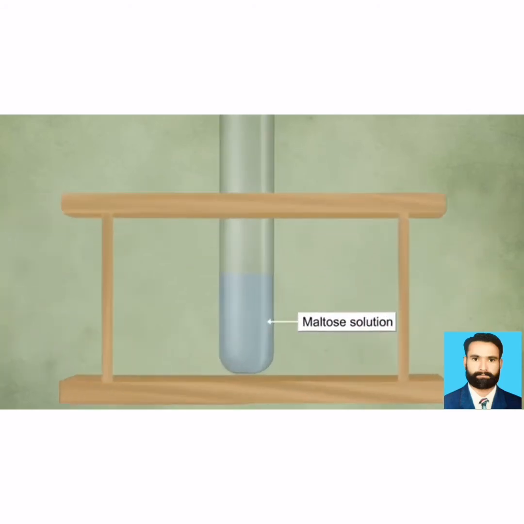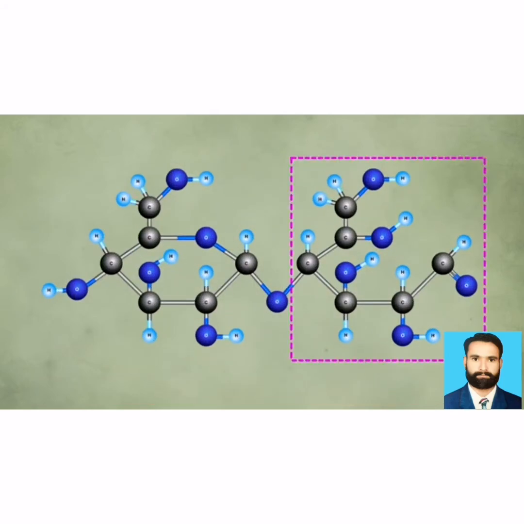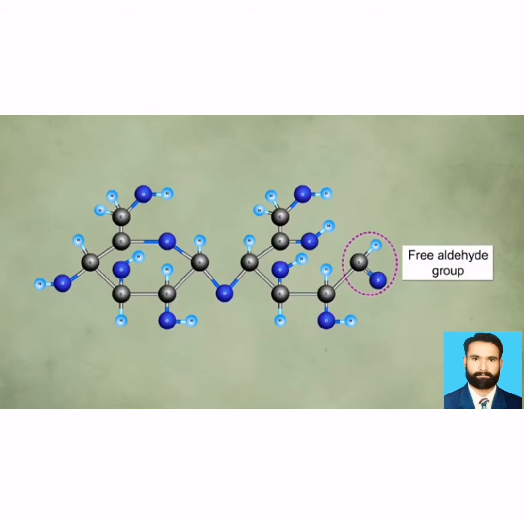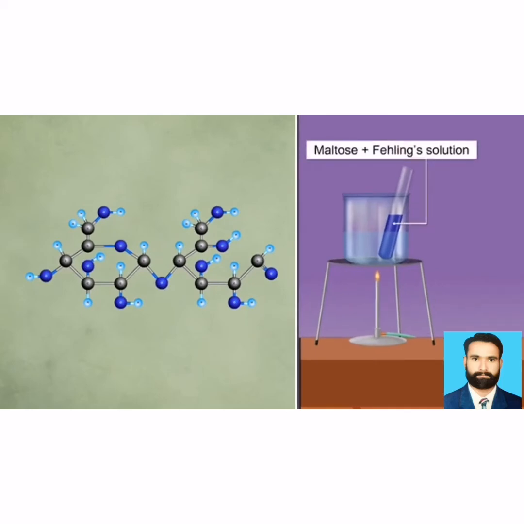In the solution of maltose, the ring of the glucose unit with a free hemiacetyl group opens up and the free hemiacetyl group changes to a free aldehyde group. The free aldehyde group enables maltose to be oxidized by Fehling solution, thus making it a reducing sugar.